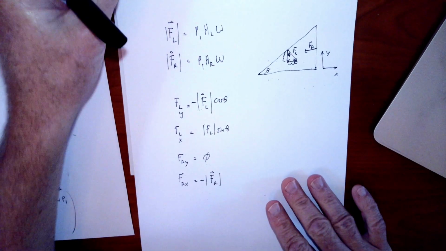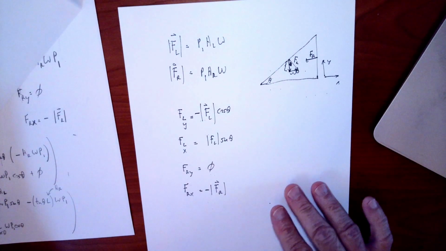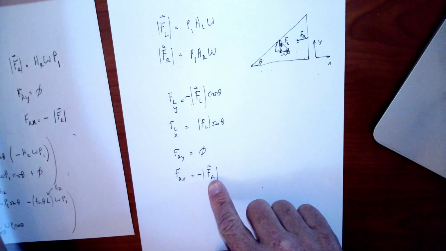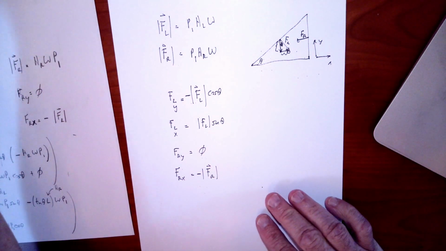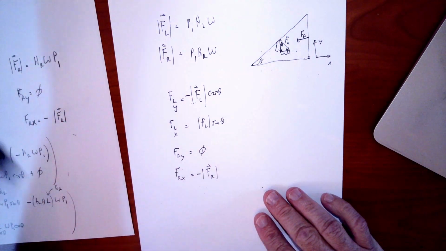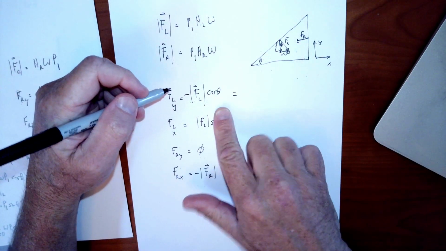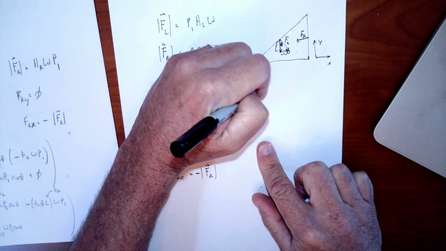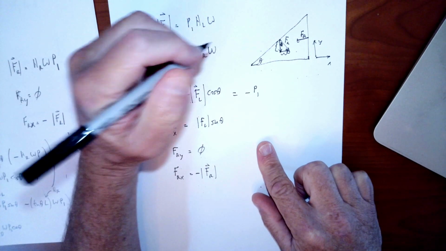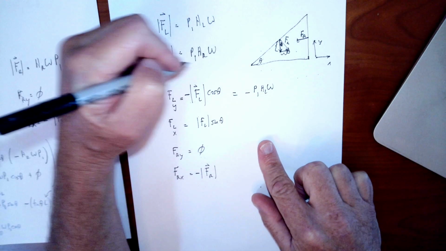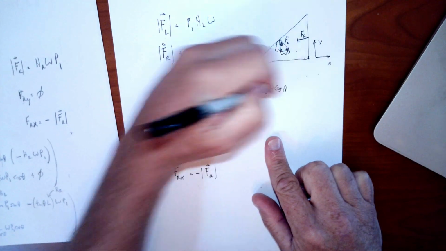All right, we have our HLs and our HRs, so we can plug in for these magnitudes. Let's do that now. FLY is going to be minus P1 HL W cosine theta.